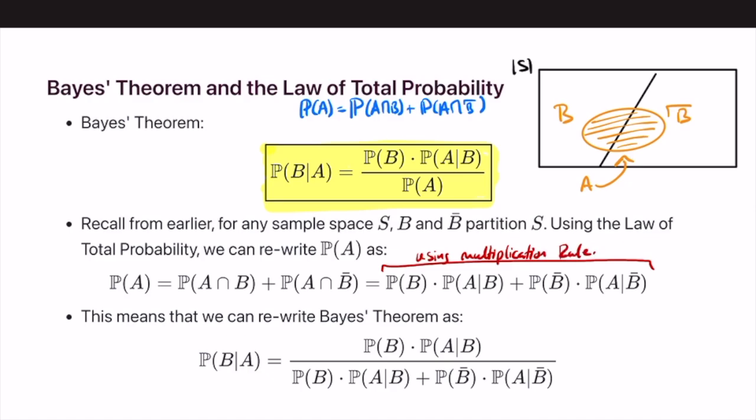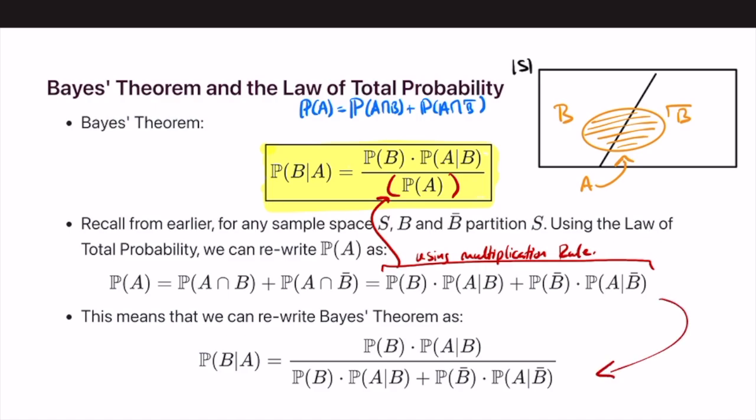And what these things represent is this right here, the probability of A. So we can effectively rewrite Bayes' theorem into this new form down here.